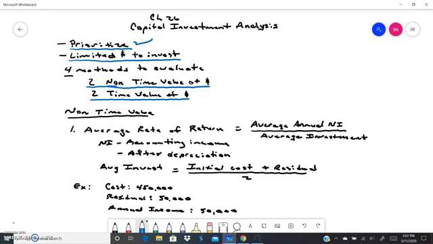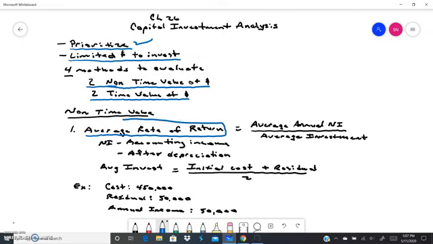So first we'll start with the non-time value of money concepts. The first one is the average rate of return. And again, these are meant to be relatively simple calculations using the information that's readily available. You can do a quick calculation to determine whether we want to move forward with these investments and move them on to a more rigorous analysis. So again, the first method is called average rate of return.